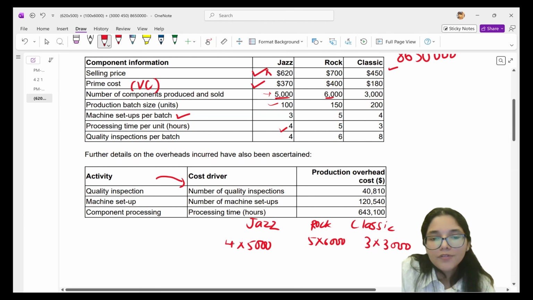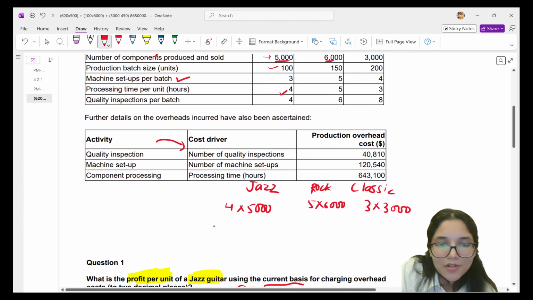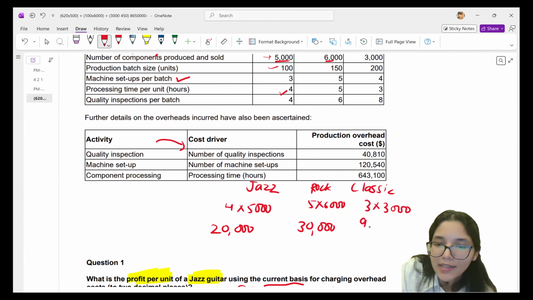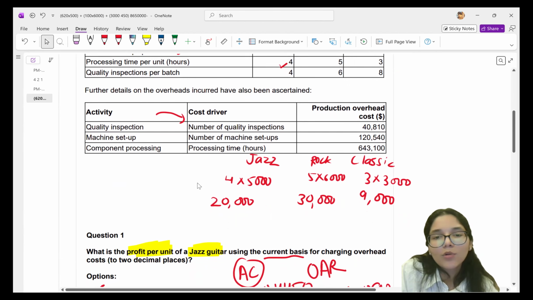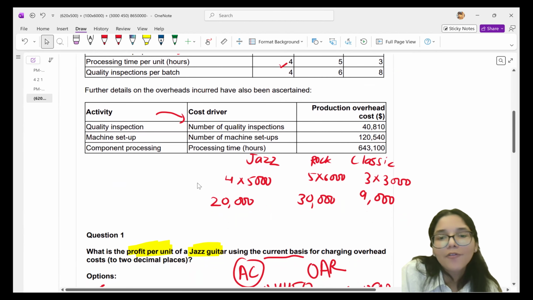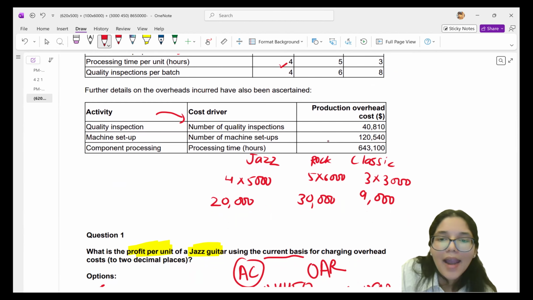So if you total all of them out together, 4 times 5,000 is going to give you 20,000, 30,000, and then 3 threes are 9,000. So when you add them all together, it's a total of 59,000 hours that you have worked, and the total time that you have spent is this much.